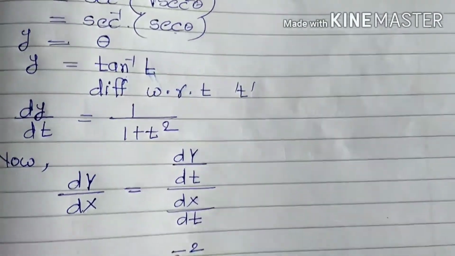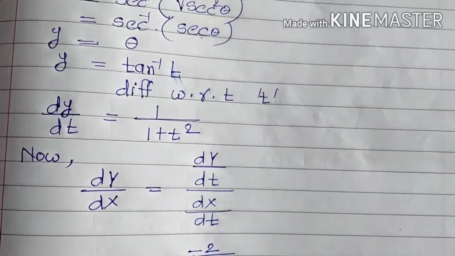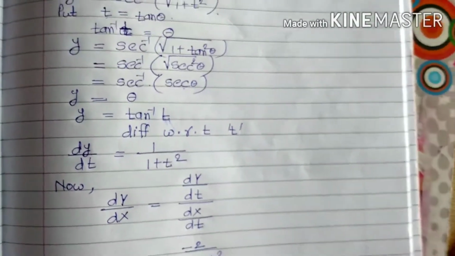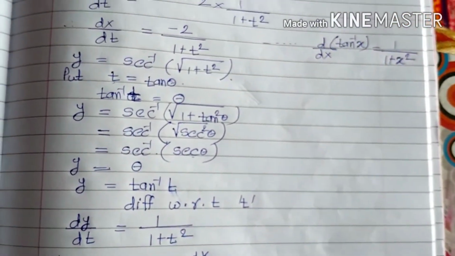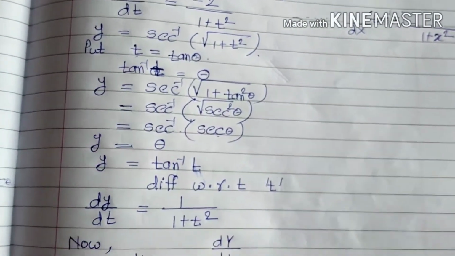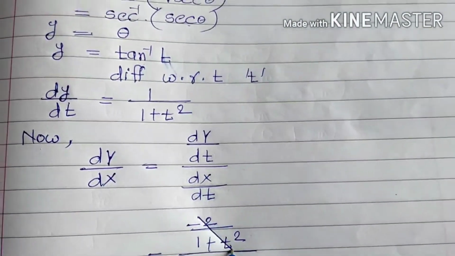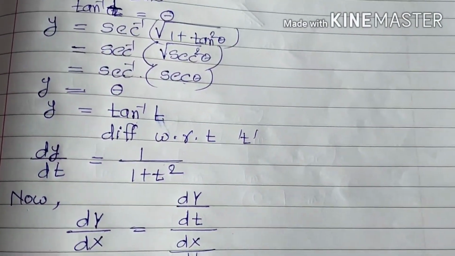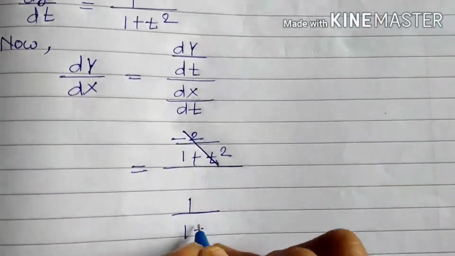Sorry. The value of dy upon dt is 1 upon 1 plus t square.